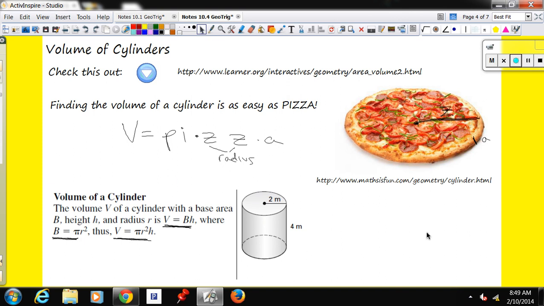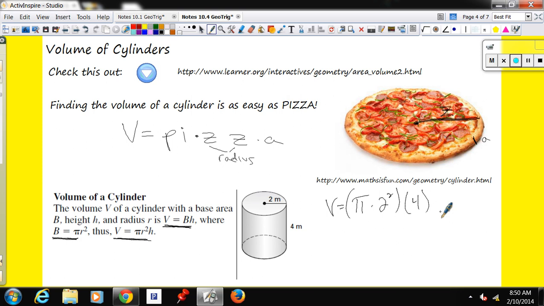How would we find the volume of this cylinder? It would be pi times 2 squared times 4. So that's when you grab your calculator. Basically it's going to be pi times 16, because 2 squared is 4, times another 4.